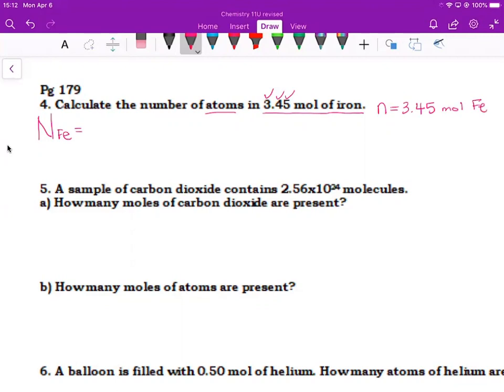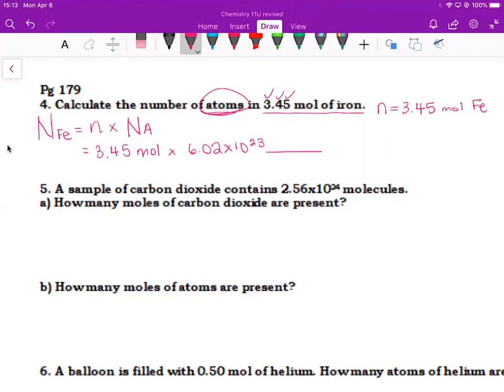So when it's asking me to calculate the number of atoms, I don't have to do any conversion. My formula is: number of iron atoms is the number of moles times Avogadro's number. So I'm going to put 3.45 moles times 6.02 times 10 to the 23.